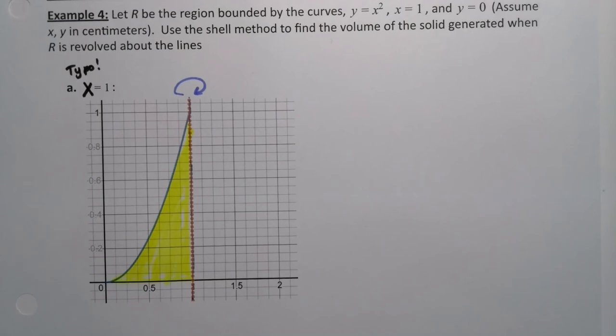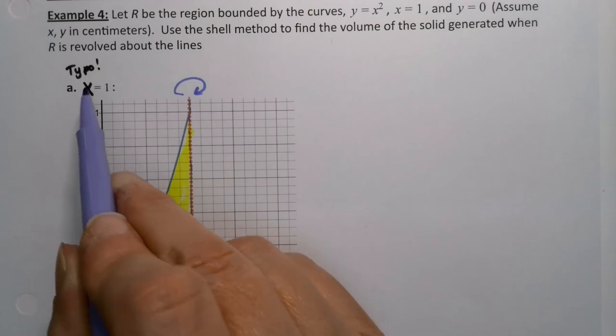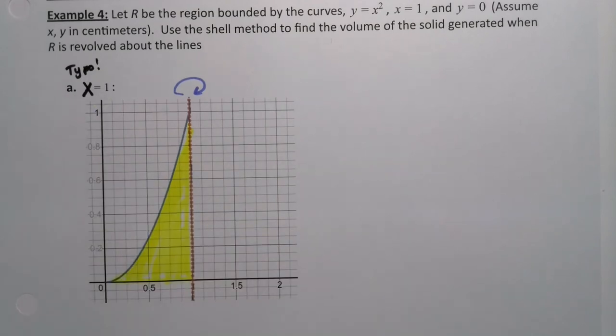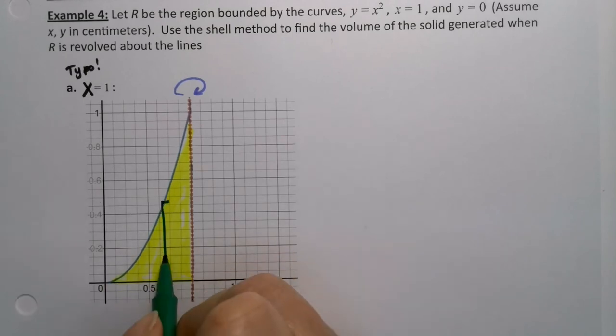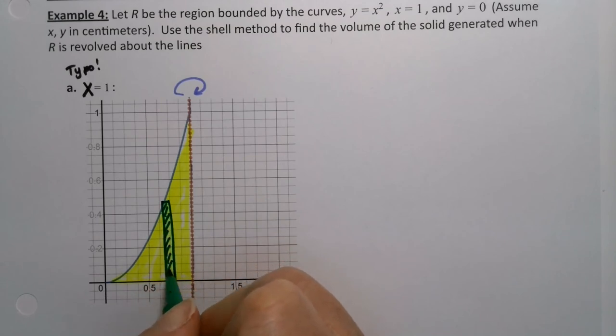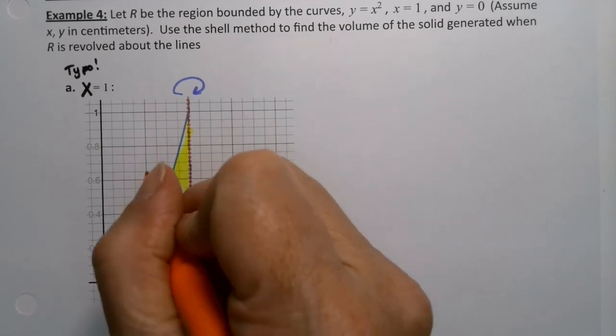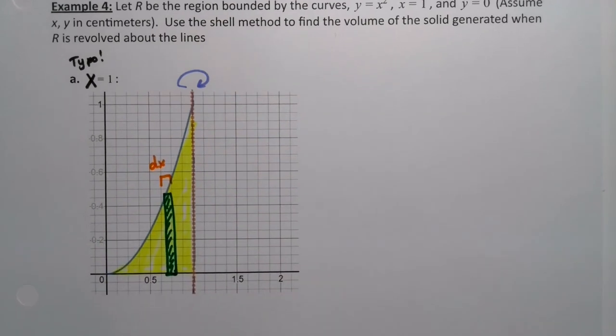All right. So now remember, once that's your axis of rotation, once it's x equals 1, fix that typo, then you know that your rectangle must be parallel to that axis of rotation. Once you know that's fixed, then look down here at the bottom. You can tell that that thickness is dx, which means we are locked into a volume function.